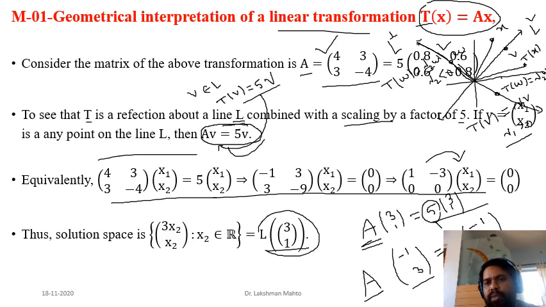So what you observe here is that this matrix is a 2 by 2 matrix. That means it defines a map or transformation from R2 to R2. What is the meaning of that? It says that the maximum number of eigenvectors for a given matrix depends upon the dimension of the space involved.